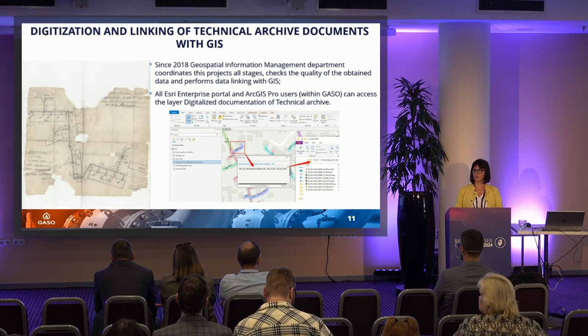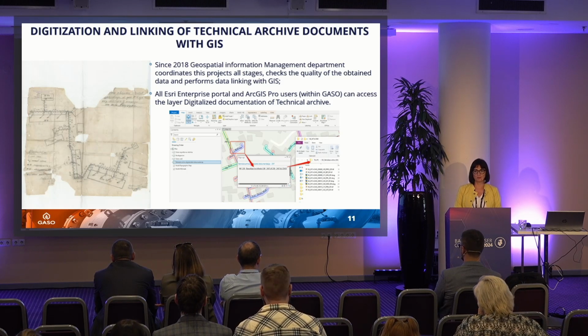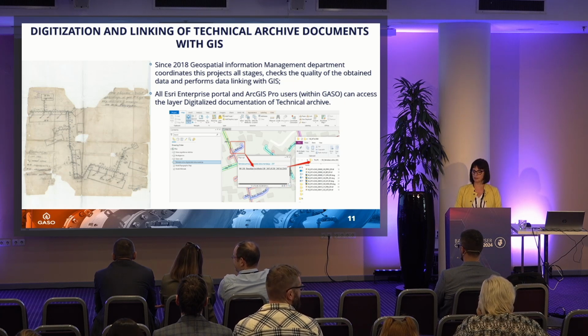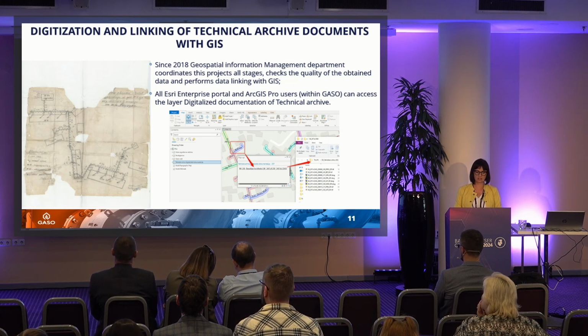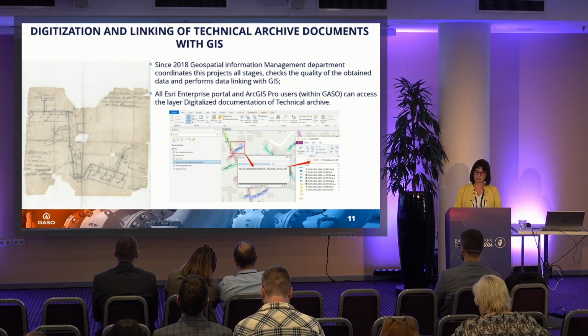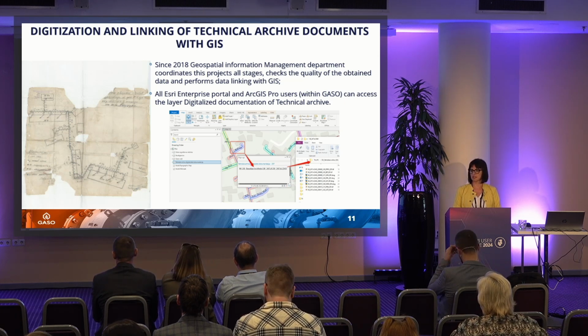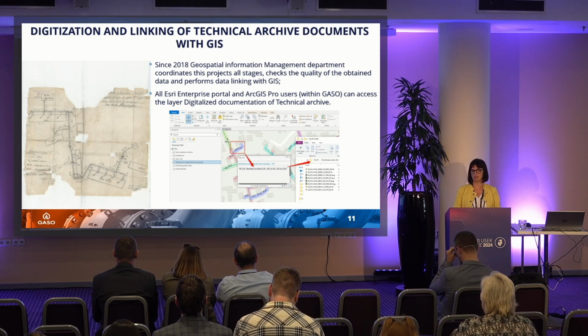You can work from home with archive documents, or you can work in the field and see all the documents as well. And all the exact paper documents are linked with the exact pipeline in the database.